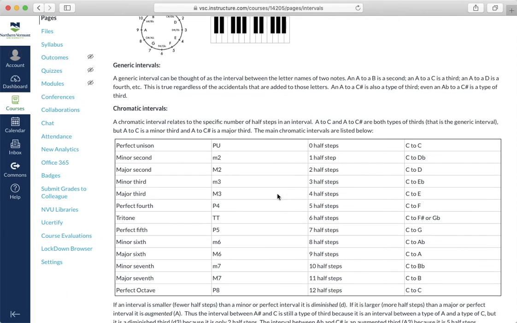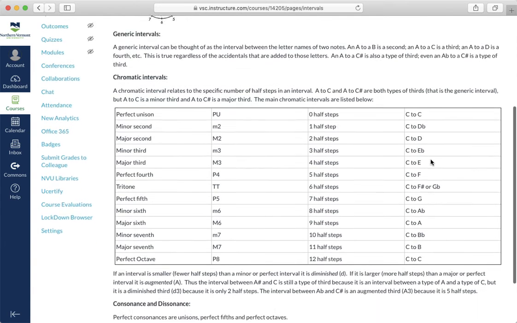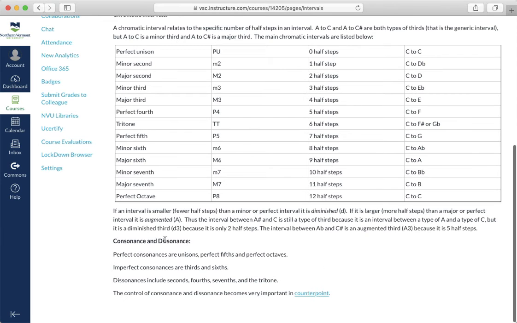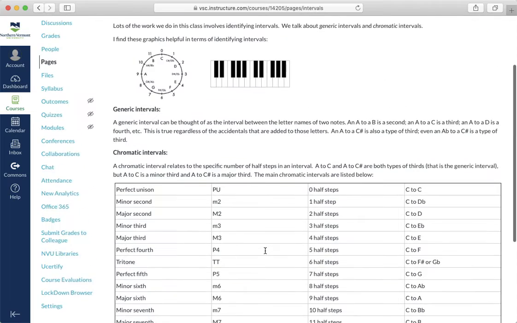Also, there's this chart that tells you the name of the interval, the abbreviation, how many half steps it is, and an example starting from C and going up that harmonic interval to another pitch. And then a brief introduction to consonance and dissonance.